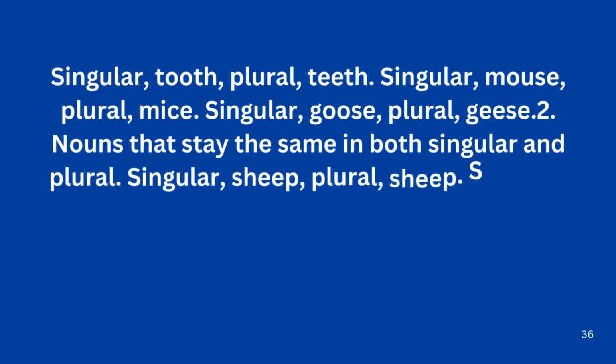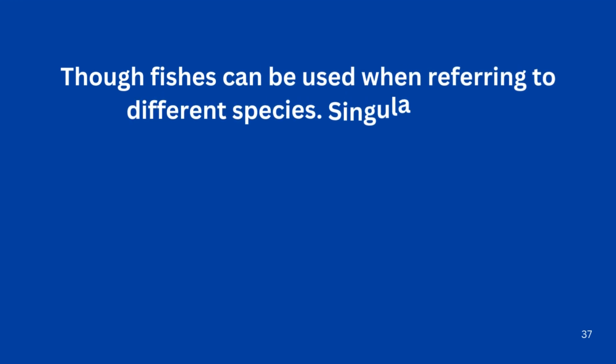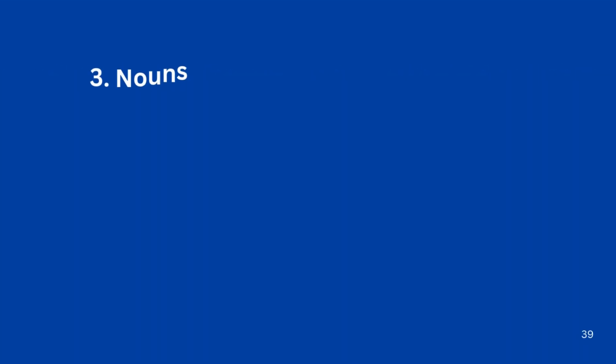2. Nouns that stay the same in both singular and plural. Singular sheep, plural sheep. Singular fish, plural fish, though fishes can be used when referring to different species. Singular deer, plural deer. Singular species, plural species. 3.